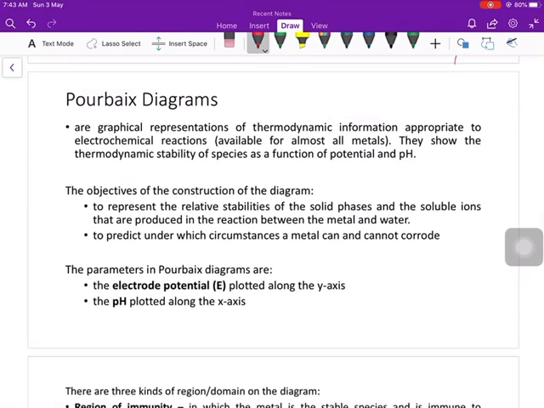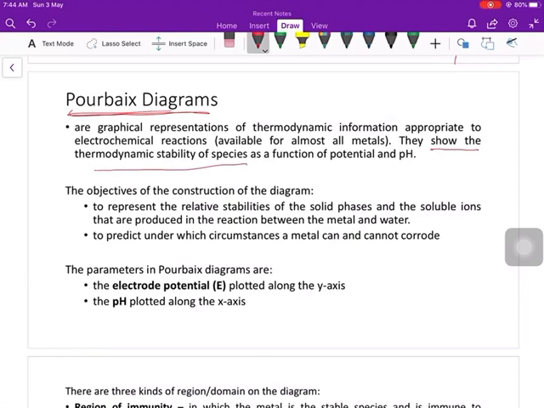Okay, after that, after you have constructed that water stability diagram, you can prepare or construct this diagram, Pourbaix diagram. So what is Pourbaix diagram? It is actually a graphical representation of thermodynamic information appropriate to electrochemical reaction, which are available for almost all metals.